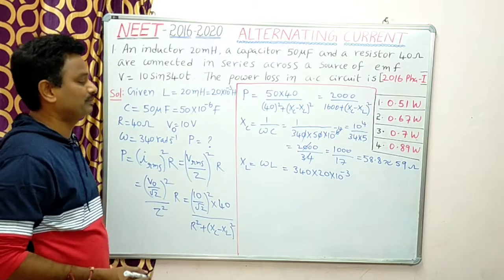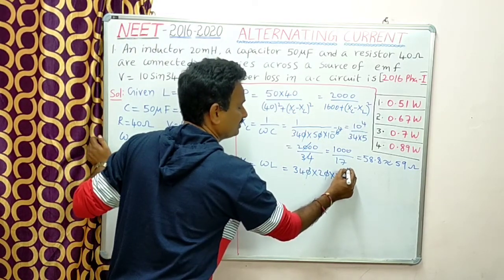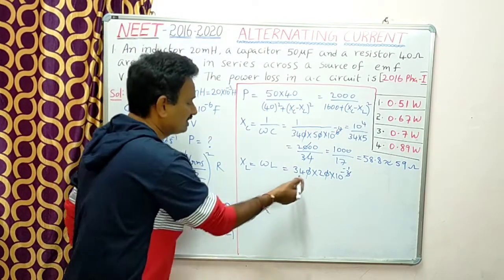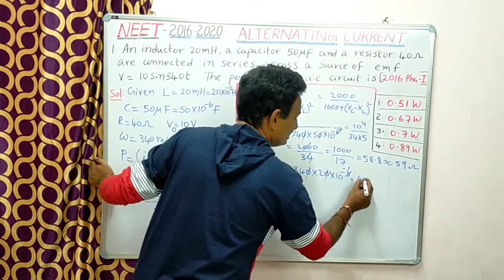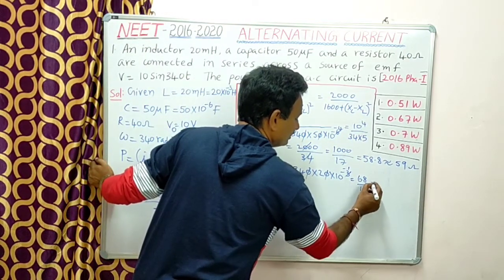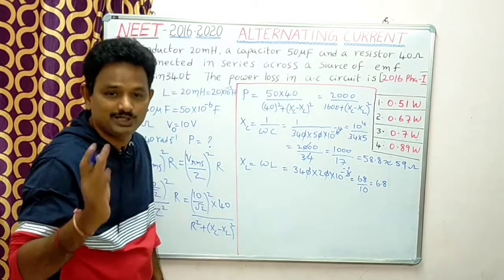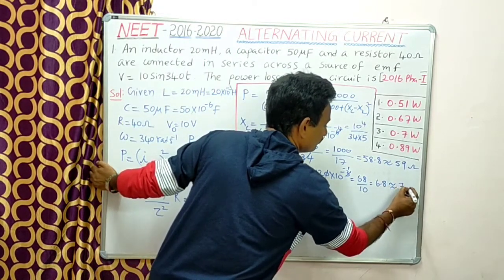The zeros cancel, and here we will get minus 1. So 10 power minus 1 means 1 by 10. So 34 into 2 is 68. That is equal to 68 by 10, which is 6.8, approximately equal to 7 ohm.